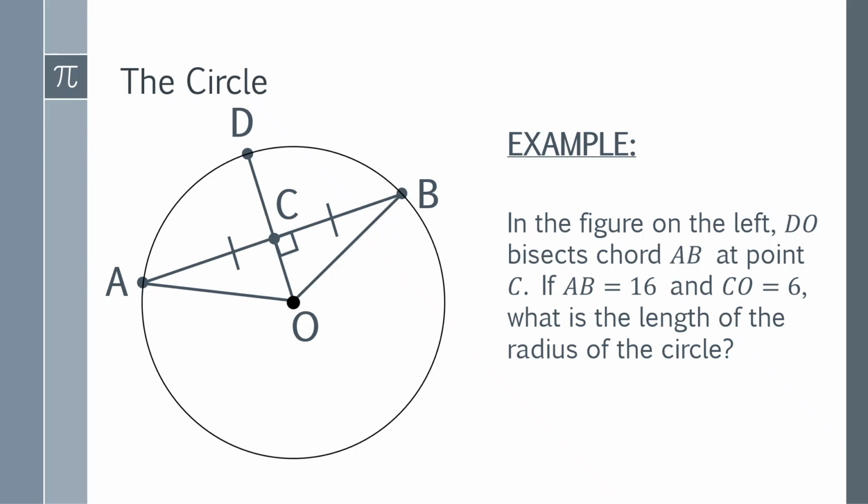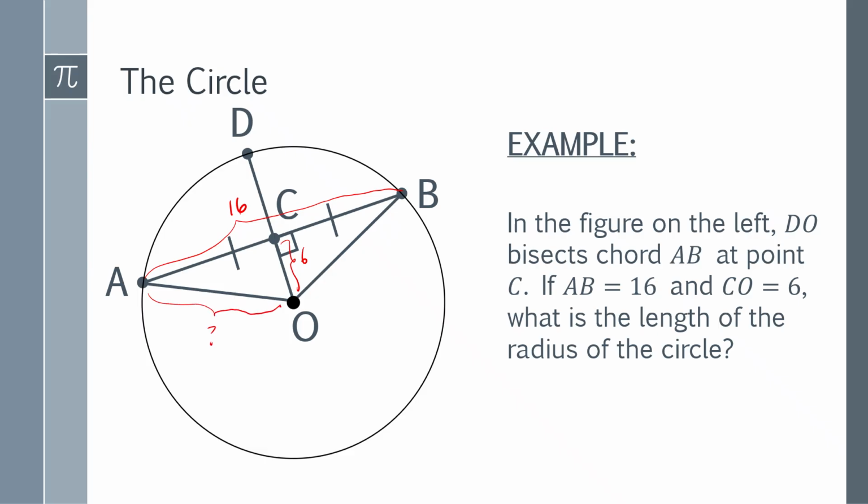Done already? Let's have this part. In the figure on the left again, DO bisects a chord AB at point C. If AB is 16 and CO is 6, how will you find the radius of the circle? I want to find this one.